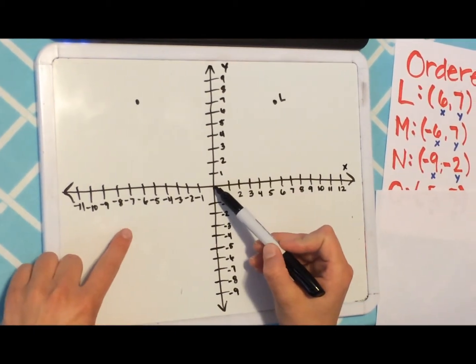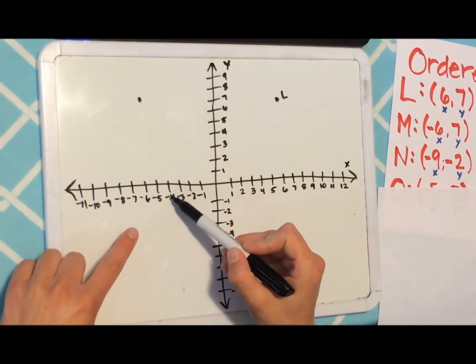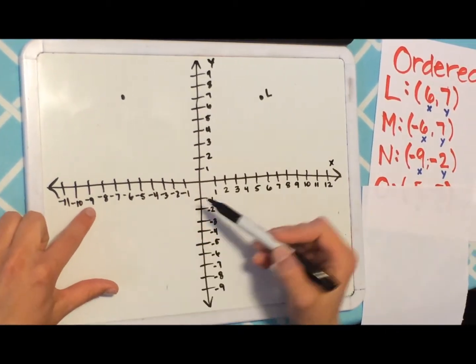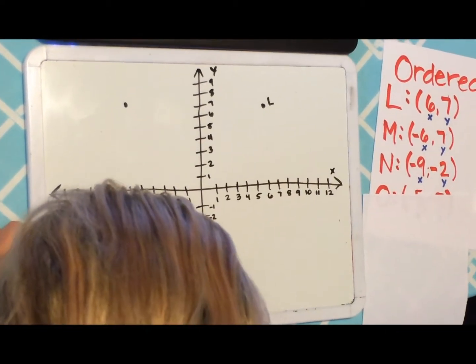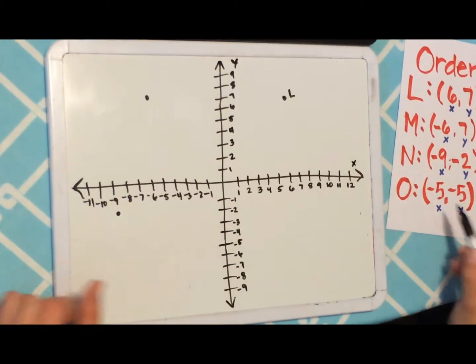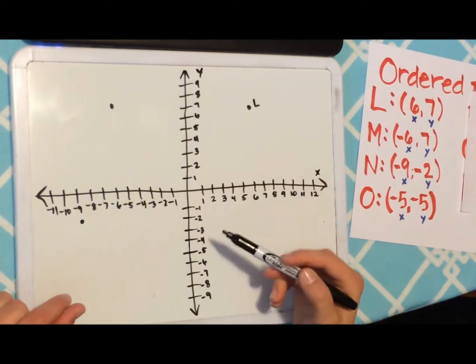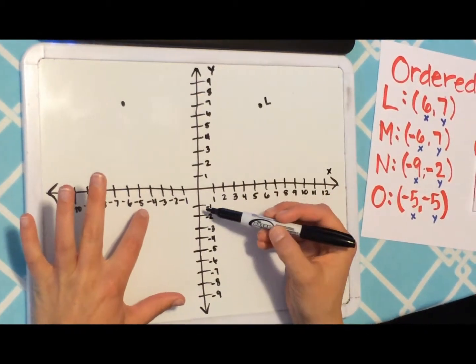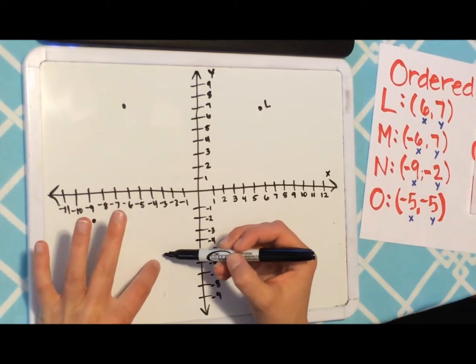So, start at 0, 1, 2, 3, 4, 5, 6, 7, 8, 9, down 2. Our fourth point is negative 5, negative 5. So it's again going to be in the third quadrant. Negative 5, negative 5.